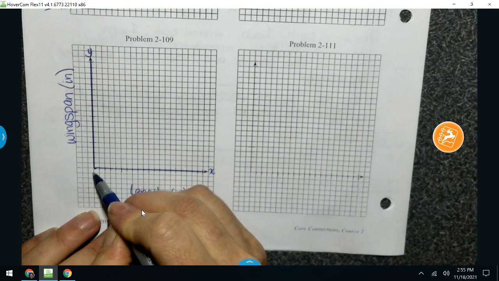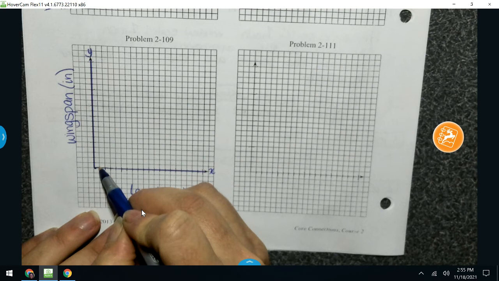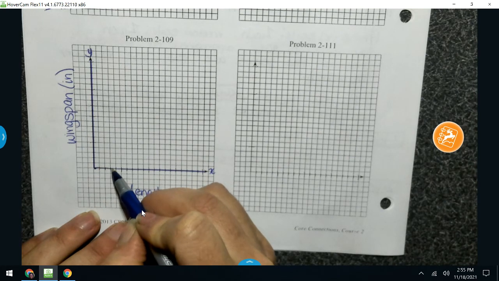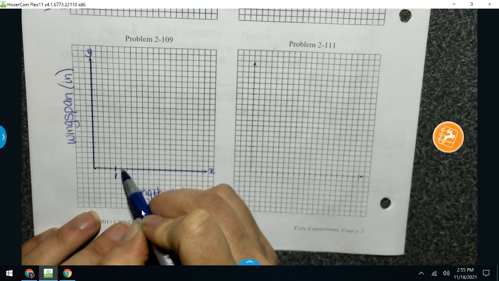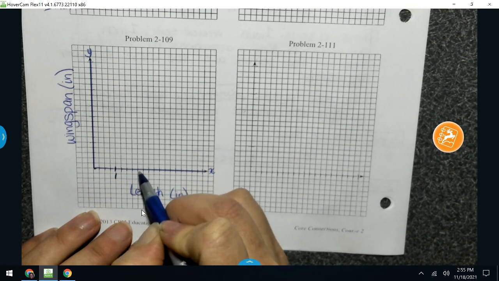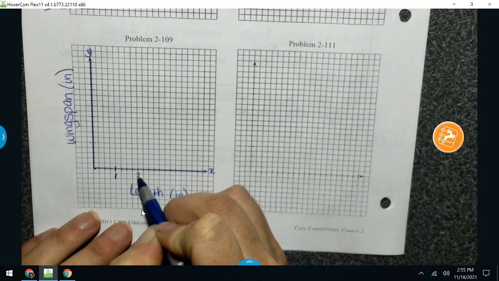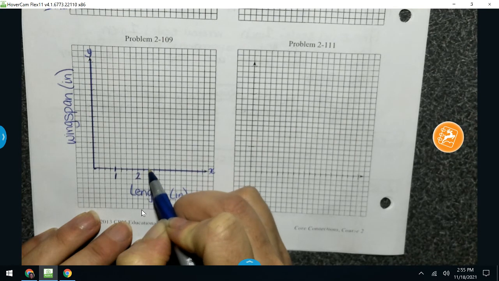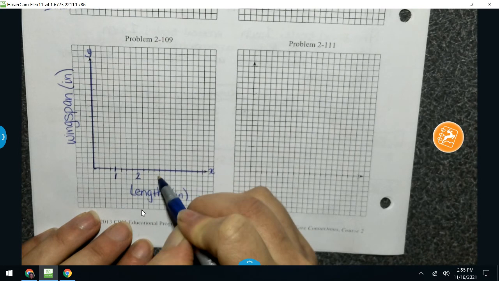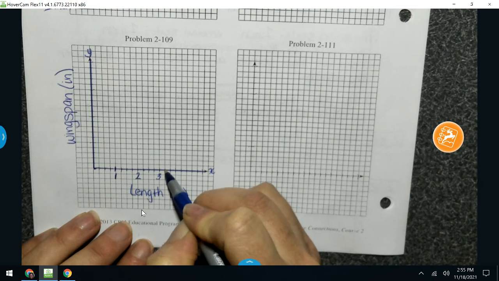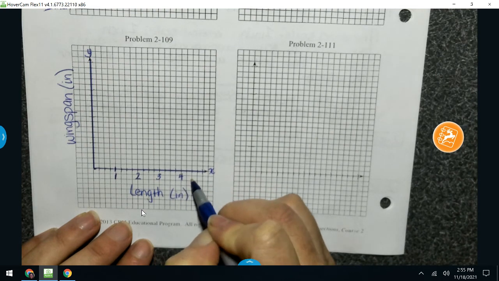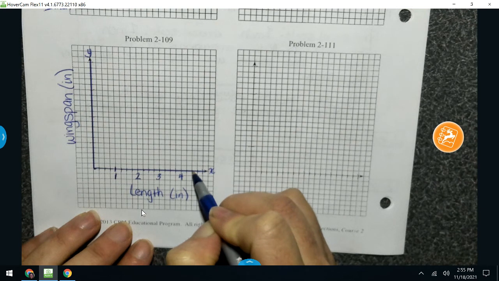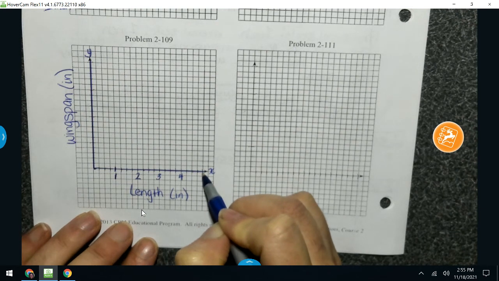So I have my 0 right here. This would be 1/4, 2/4, 3/4, 4/4, or 1 whole. 1/4, 2/4, 3/4, 2. 1/4, 2/4, 3/4, 3. 1/4, 2/4, 3/4, 4. 1/4, 2/4, 3/4, 5.